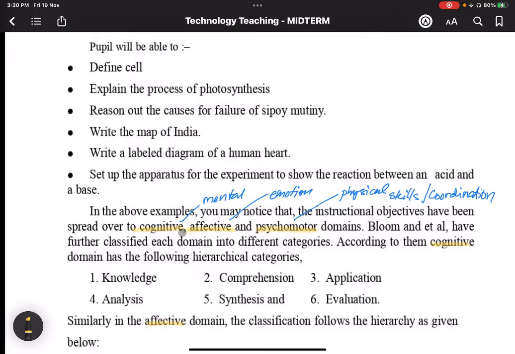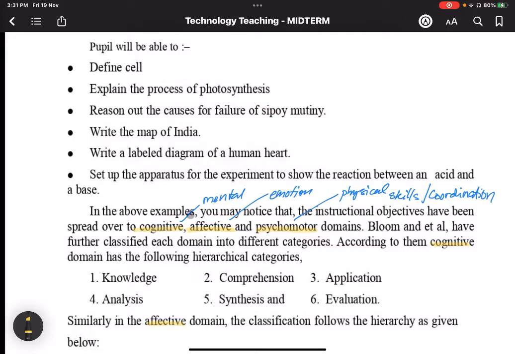The above examples, you may notice that the instructional objectives have been spread over to cognitive, affective, psychomotor domains. So ito yon, no? So in forming the instructional objectives, you have to take into consideration, yung question, no, you have to ask yourself, is the objective I created or I designed can, no, develop their cognitive? Pag sinabi cognitive, your mental skill nila.